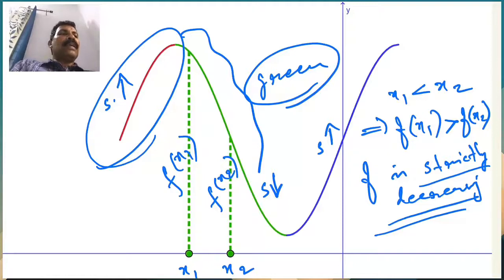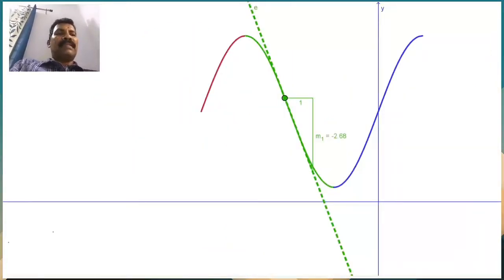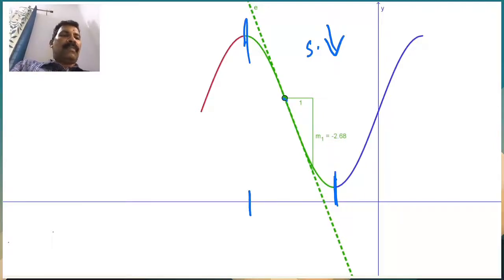And here again, if you consider the tangent on this green portion, which I told you has a strictly decreasing nature, and if you consider any point from that interval, what is happening, you tell me.